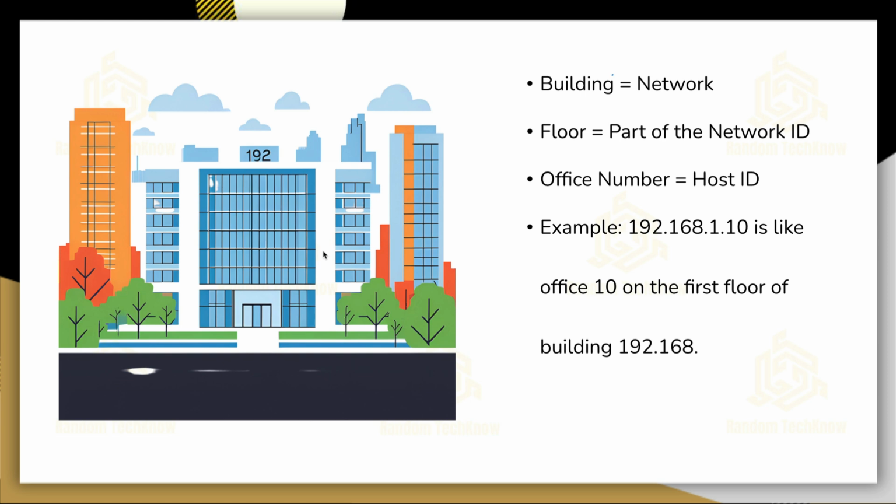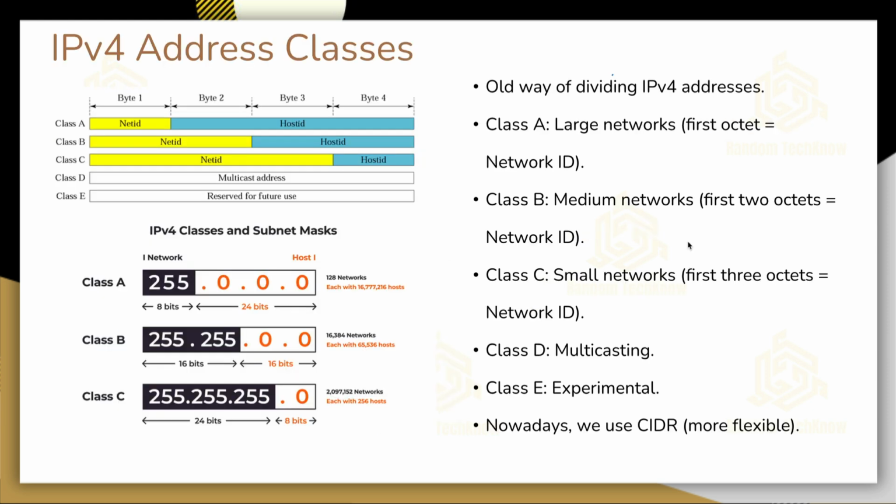So, if we use our previous example, the IP address 192.168.1.10 will be like office number 10 on the first floor of building 192.168.